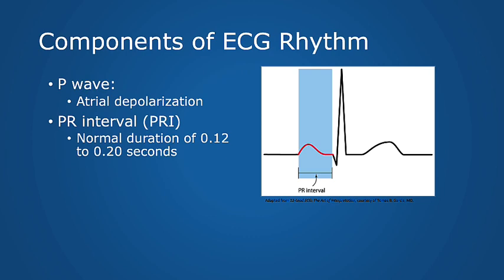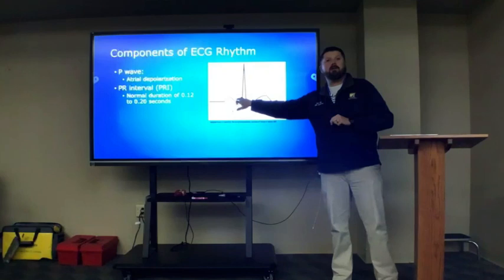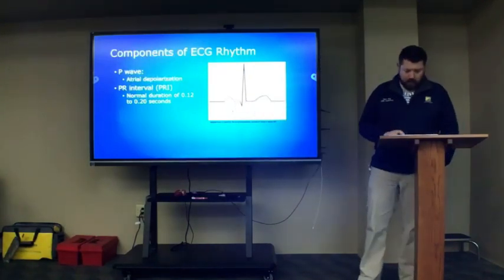What is an example of an arrhythmia or complex that would have a shortened PRI? Wolff-Parkinson-White. Remember, we've got that aberrant pathway where the conduction bypasses the AV node, so we don't have that momentary pause.